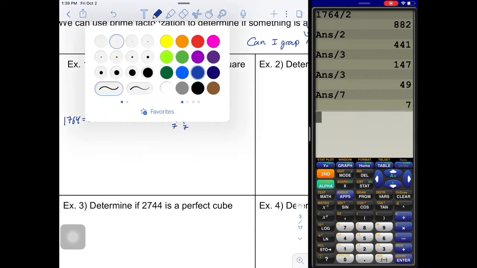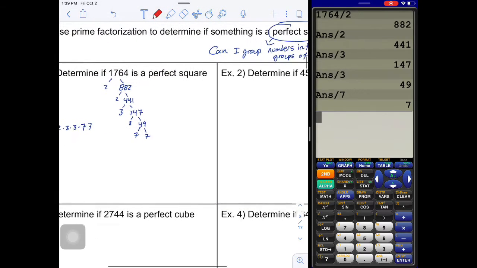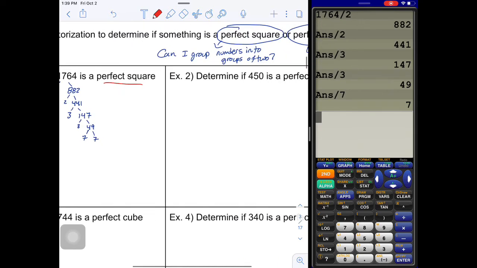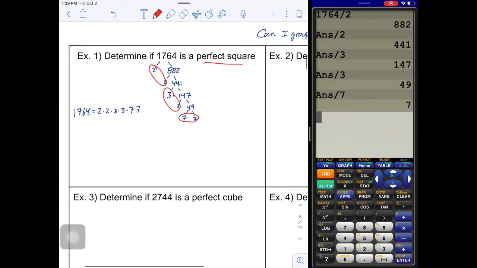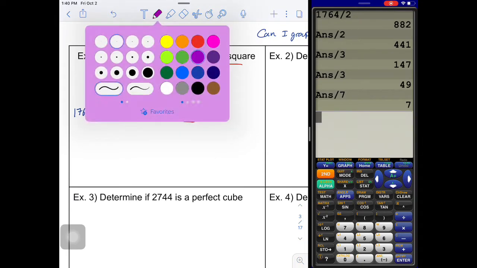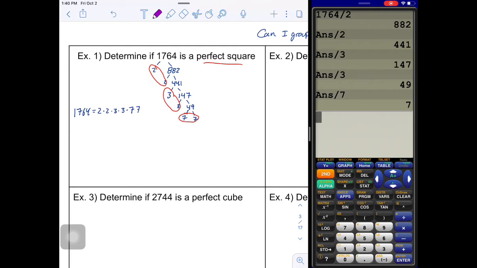Now at this point, if you're trying to figure out if it's a perfect square, you're grouping into groups of 2. So these 2's I can group into a group of 2. There's 2 3's, and then there's 2 7's. That means I'm going to take one of each.